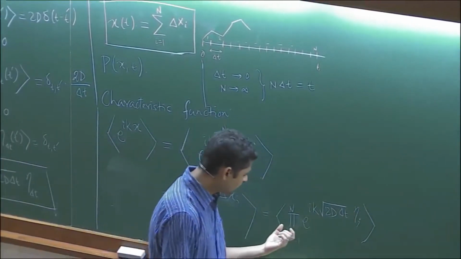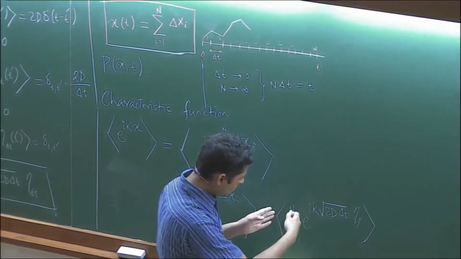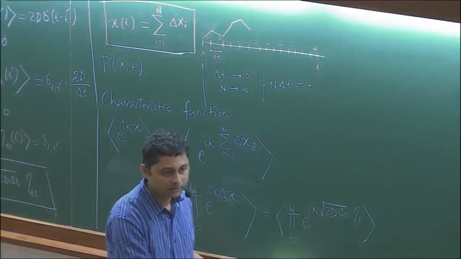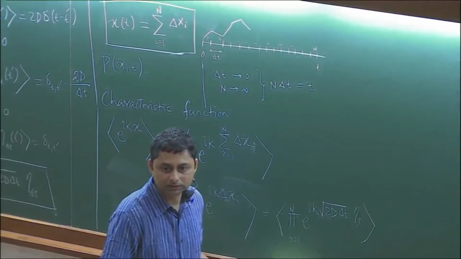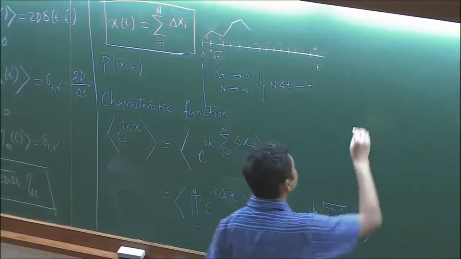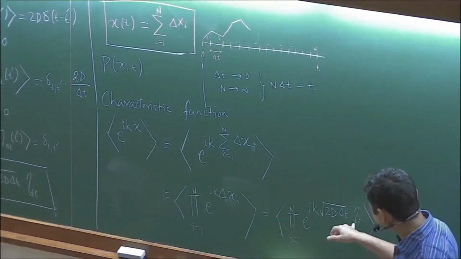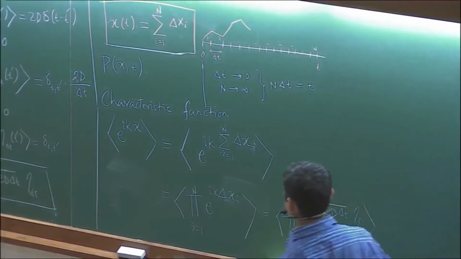So therefore, the expectation of this product is the same as the product of the expectations of each quantity, right? Is this clear? That comes from the fact that these different etas are uncorrelated, independent of each other.